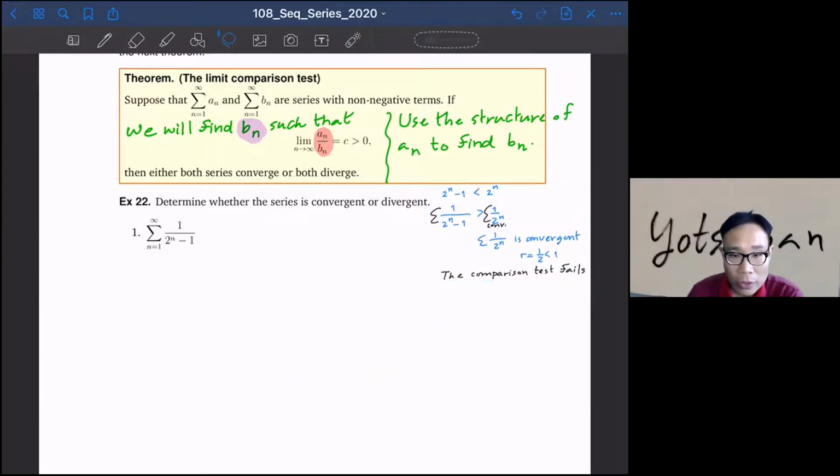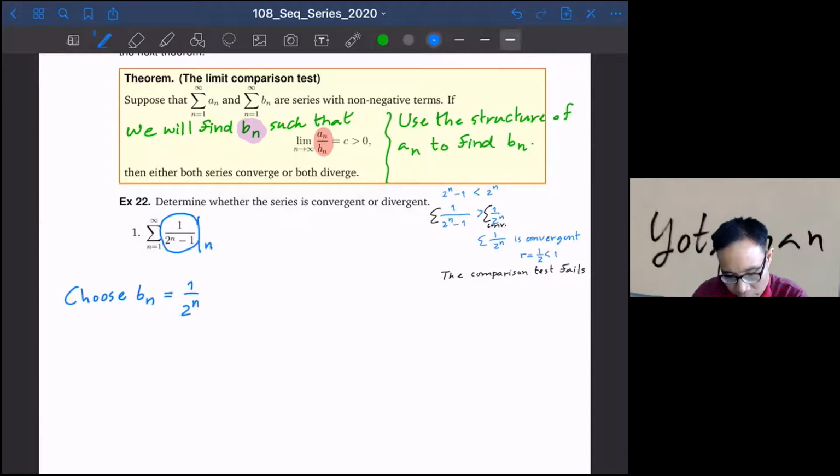You see the structure of your An here. An is 1 over 2 to the n minus 1. So we're going to choose Bn to be the one that's similar to An, so it's going to be 1 over 2 to the n.